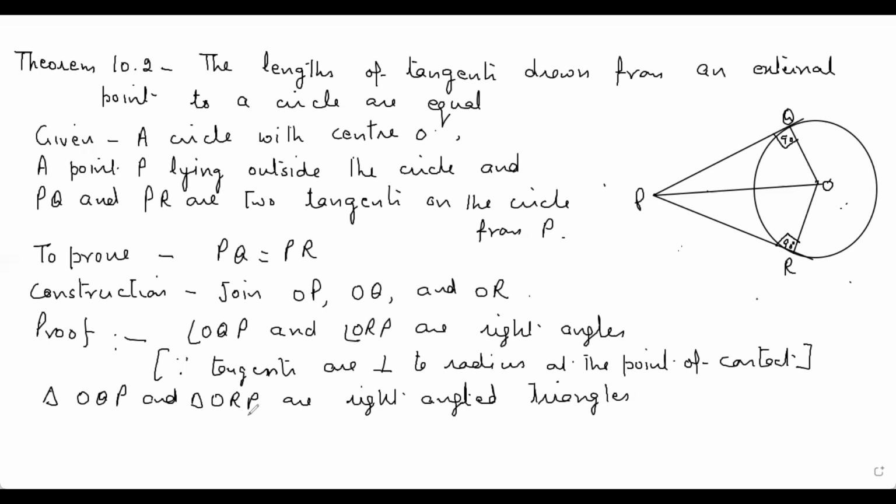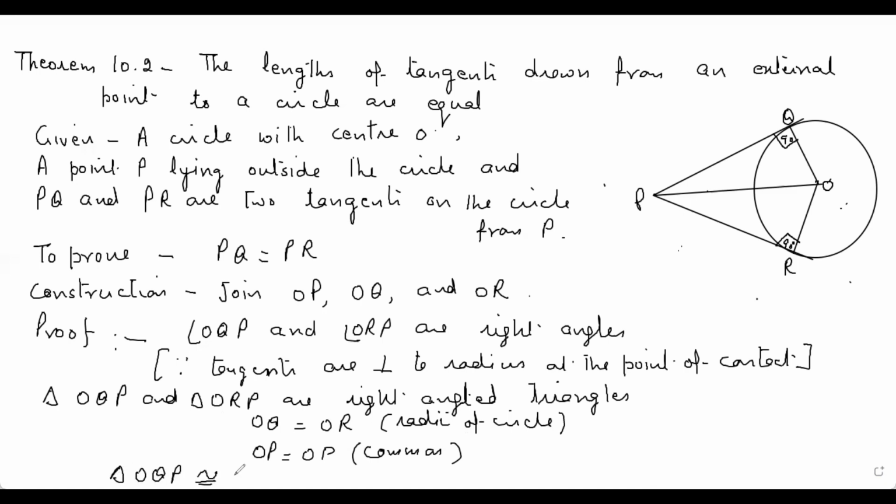Now OQ is equal to OR, radii of the circle. OP is equal to OP, common. So triangle OQP is congruent to triangle ORP. By which property? RHS, because the hypotenuse is equal to the hypotenuse and one side is equal to one side.